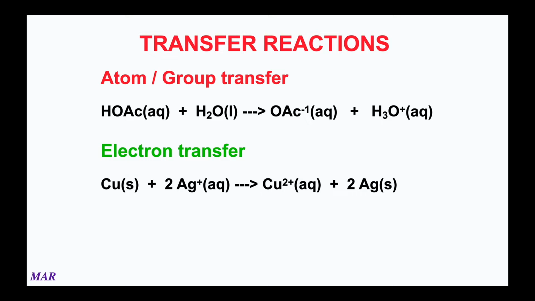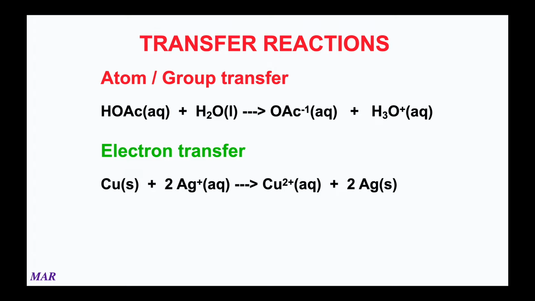You can see that silver is going from a positive 1 to a 0. So that means that each silver ion, each silver plus, is gaining an electron to become silver metal, silver with all of its electrons. There are 2 silvers there, 2 silver pluses, because you need 2 to take the 2 electrons from the copper. When you're writing an electron transfer reaction, by default, you don't show the electrons.